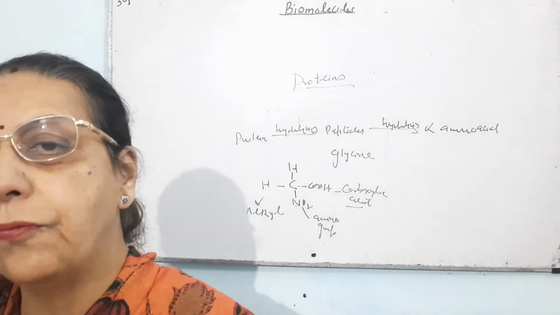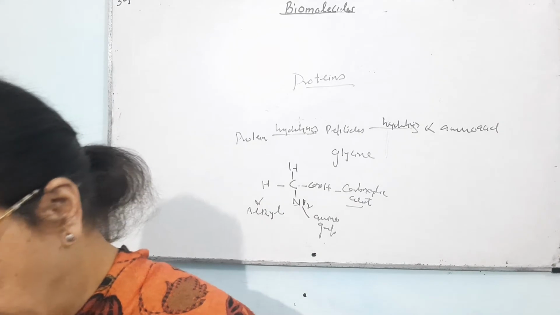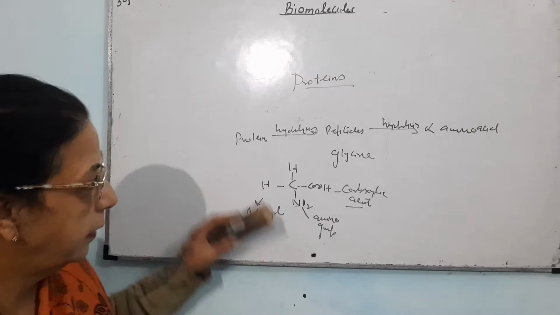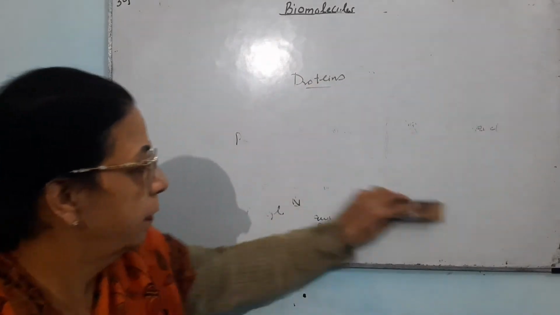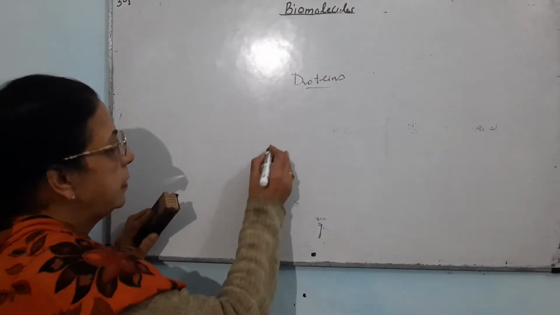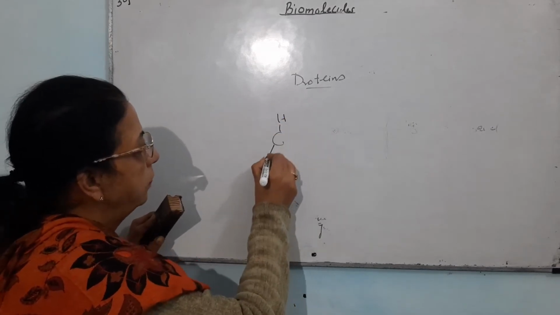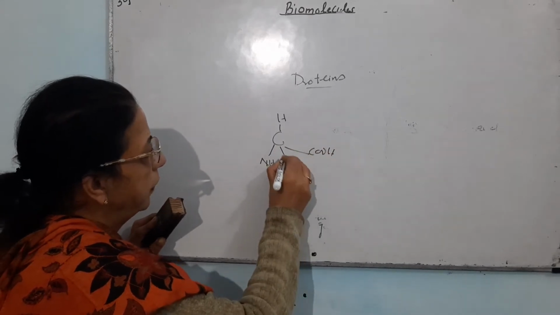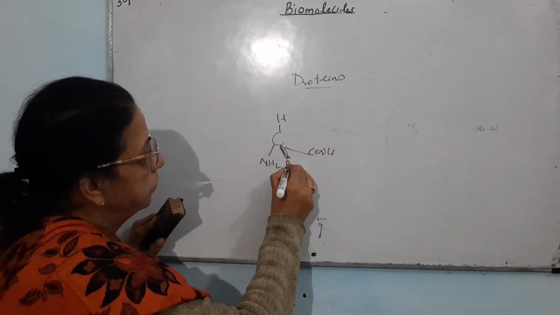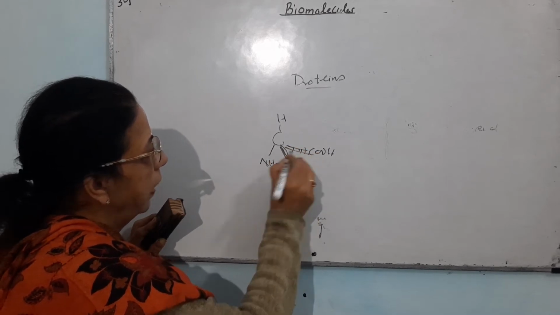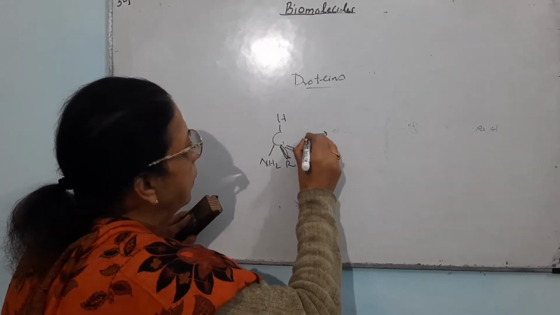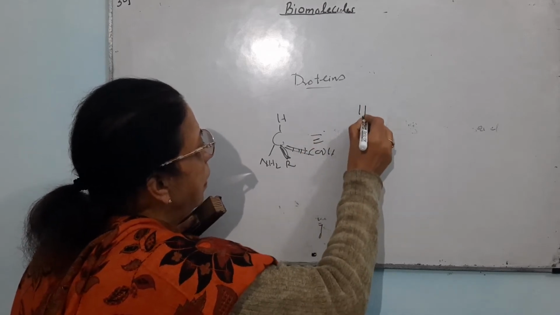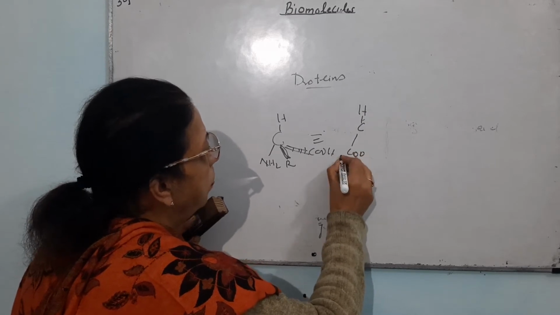about the polymeric form of alpha amino acids. They exist in two polymeric forms. We can write it like this: C H NH2, COOH and R. I can write the second form, that will be CH group on this side.